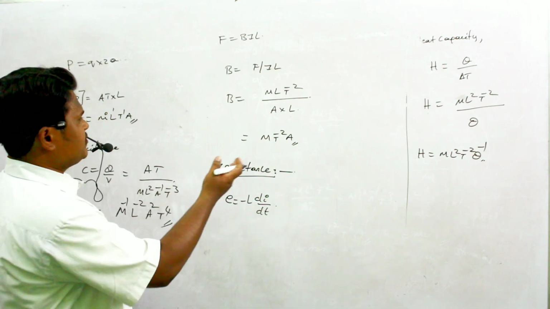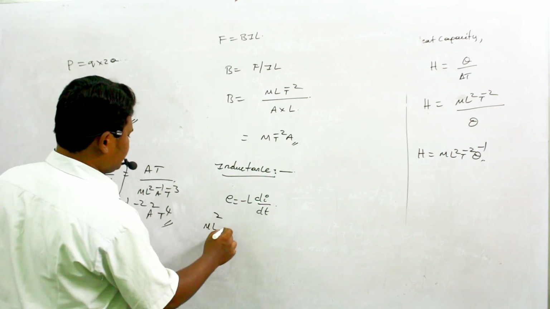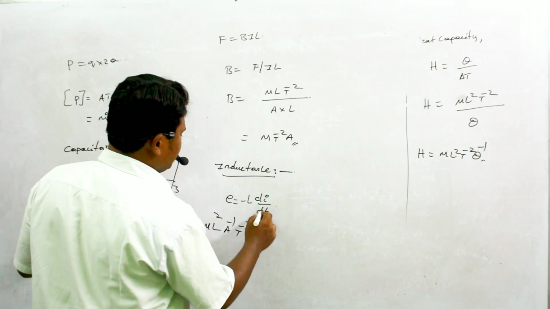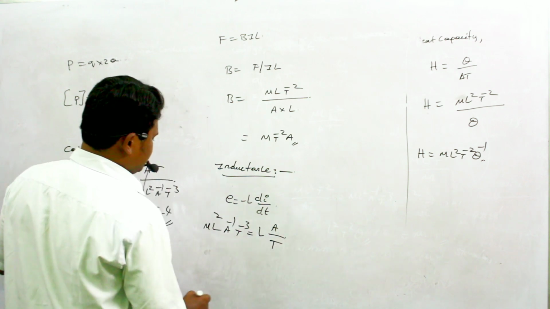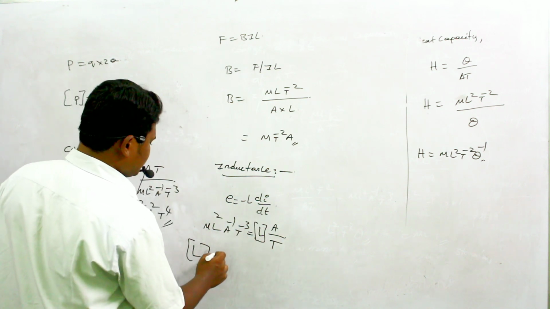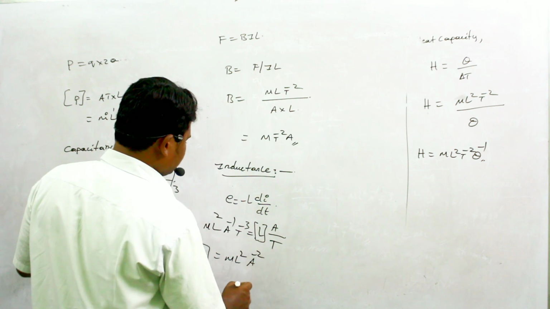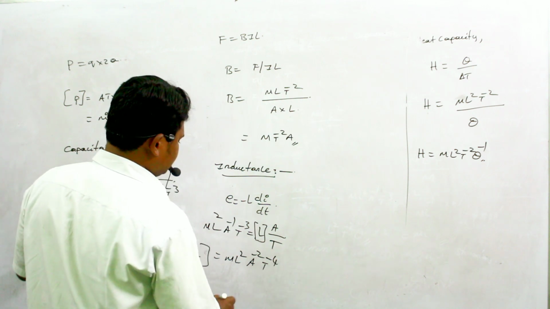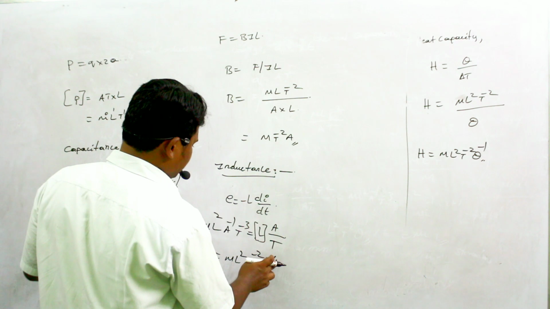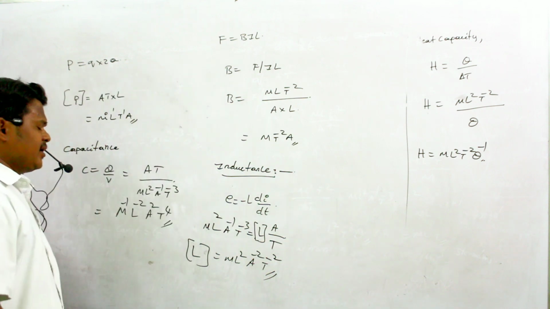So E has the dimension of potential, that is ML^2A^-1T^-3, equal to L, and I can be written as A divided by T. So the dimension of inductance can be written as ML^2A^-2 T^-2. The A comes to this side and becomes minus 1, so minus 3 plus 1 becomes equal to minus 2. So this is the dimension of inductance.